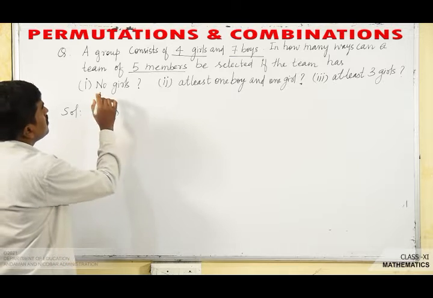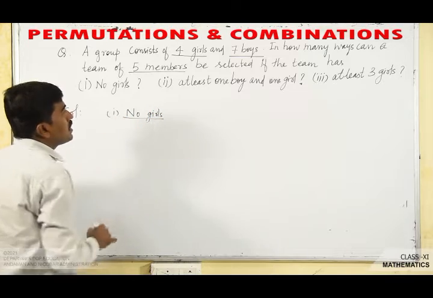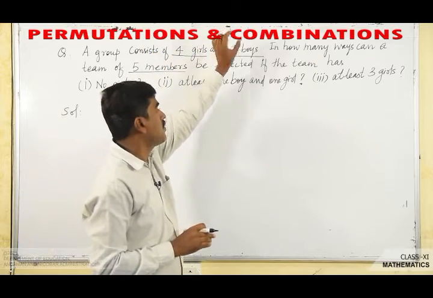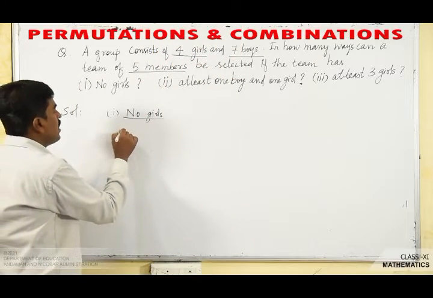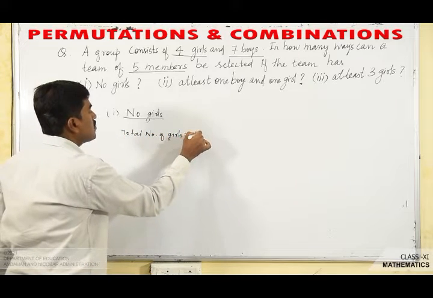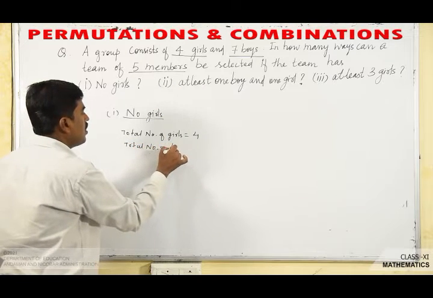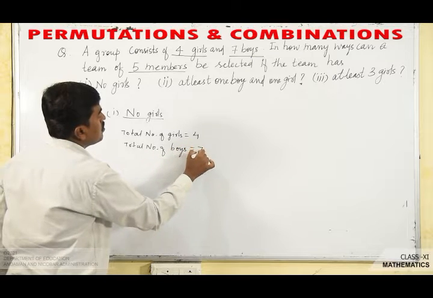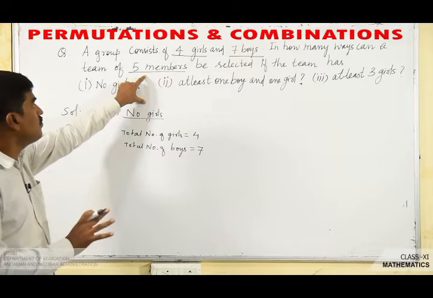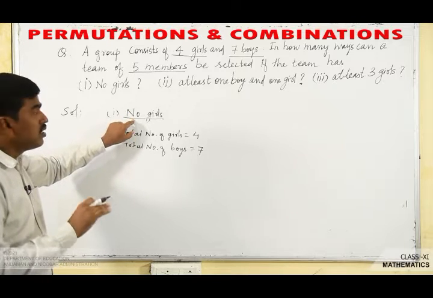First one, the condition is no girls. What is given? The team has no girls. There are 4 girls and 7 boys. Here the total number of girls is 4 and the total number of boys is equal to 7. Now we have to select 5 members. We have to form a team of 5 members in which there should not be any girl.